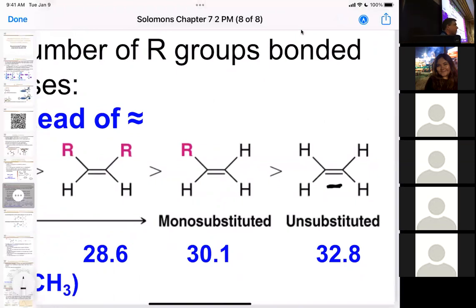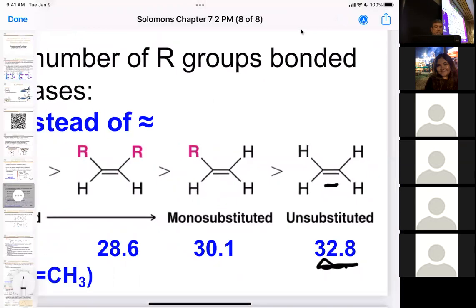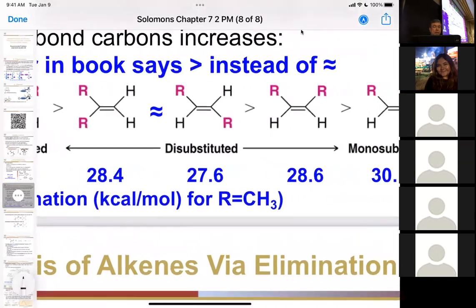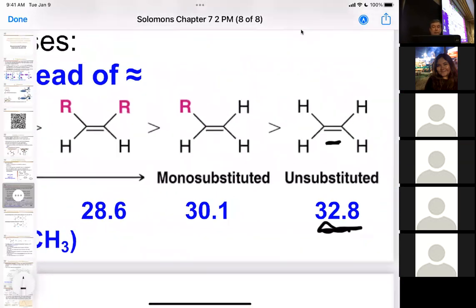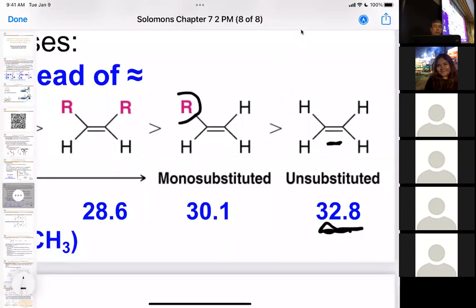That's already an S orbital. So we have our highest release of heat, and this is in kilocalories per mole, so it's a different unit. But just by adding one group here, it drops by almost 3 kilocalories per mole. Okay, just one group.